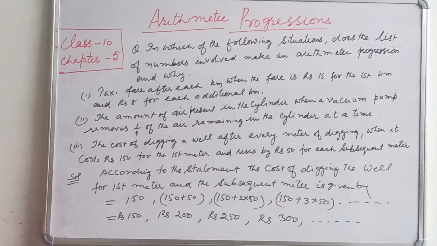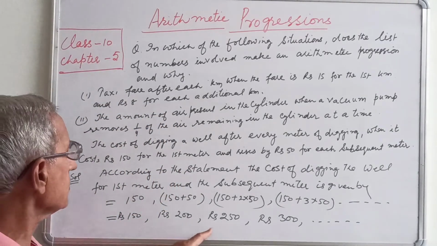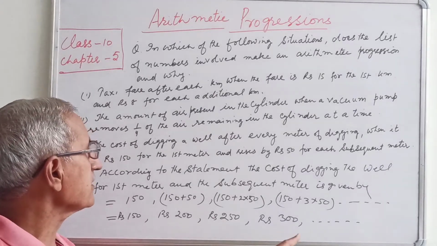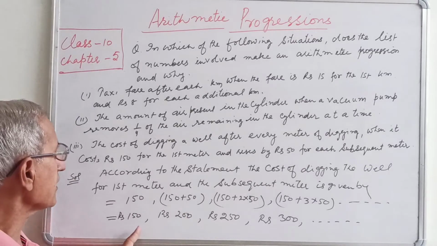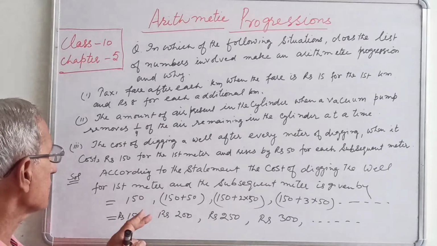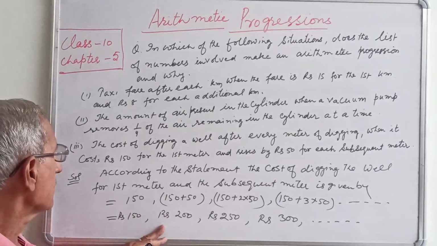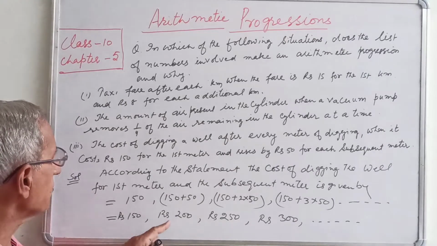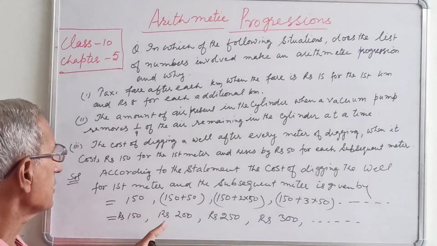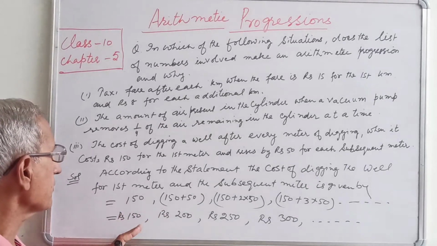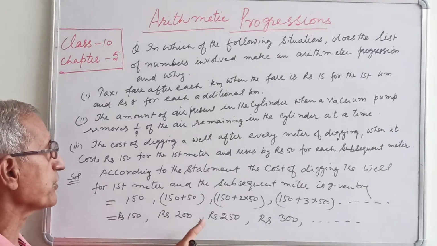Just see, the sequence shows a regular increase in each subsequent number as compared to the preceding number. Each succeeding number is raised by the same amount, that is rupees 50. So the subsequent number differs from the preceding number by rupees 50.